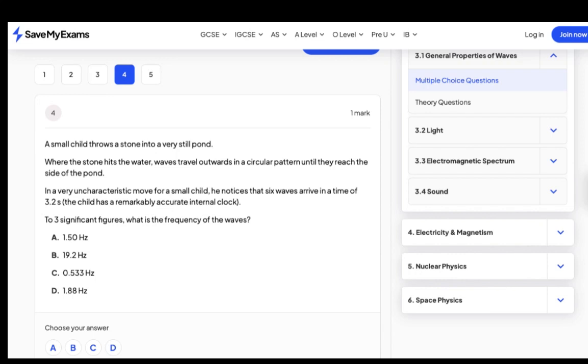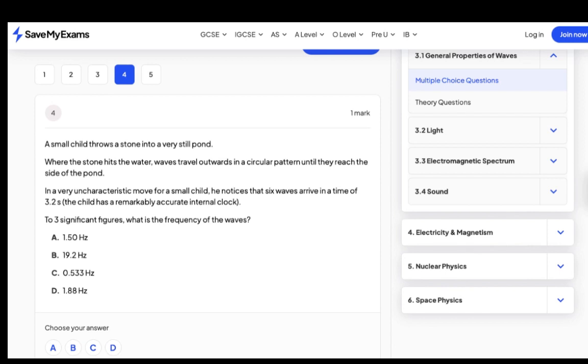In a very uncharacteristic move for a small child, he notices that 6 waves arrive in a time of 3.2 seconds. Then the child has a remarkably accurate internal clock. To 3 significant figures, what will be the frequency of the wave?